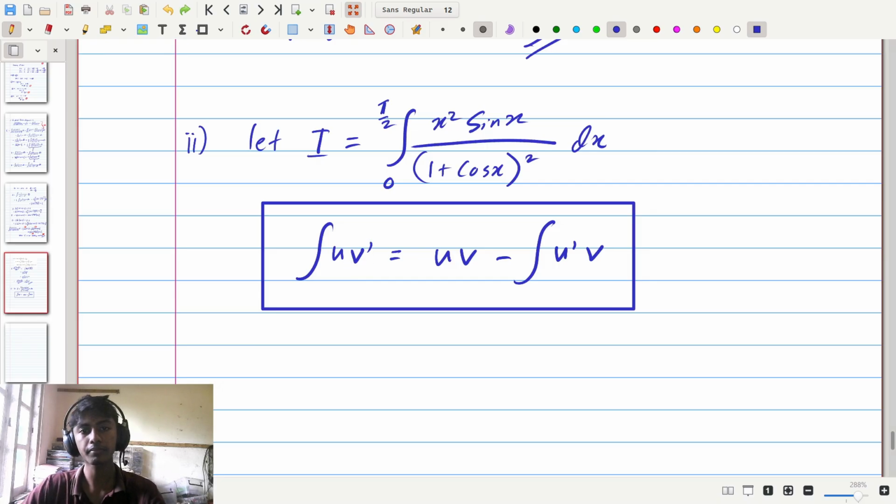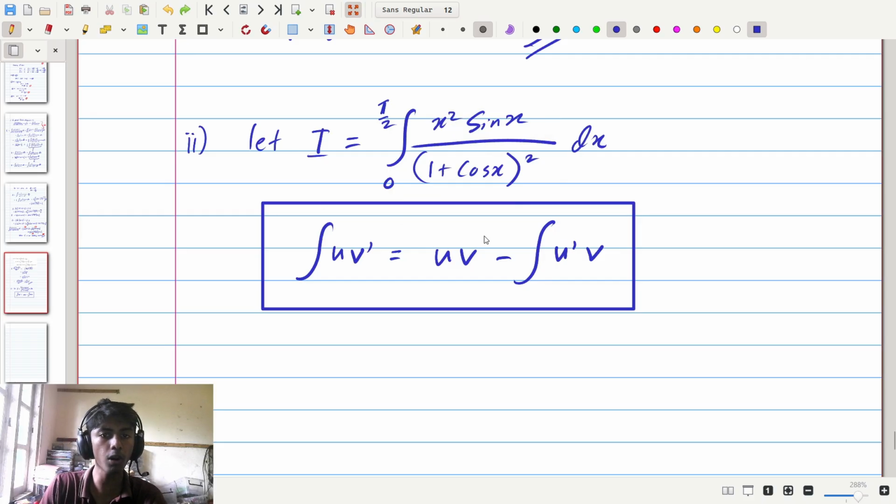Now taking a look at our function here, we can see we have x squared times sine of x divided by 1 plus cosine of x whole thing squared, and there are multiple different ways in which you can convert this into u times v prime. We could take x squared as u and then this bit as v prime, or we could take this bit as u and this bit as v prime, and lots of other things.